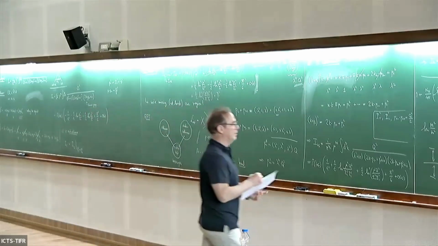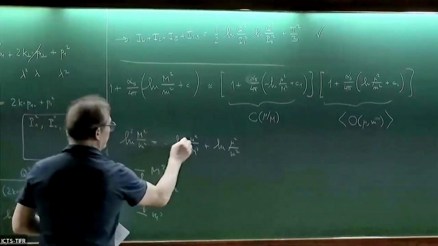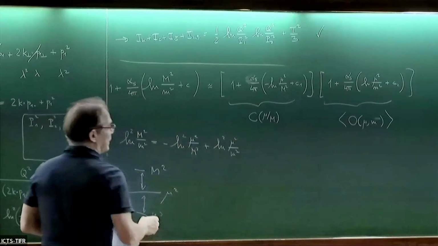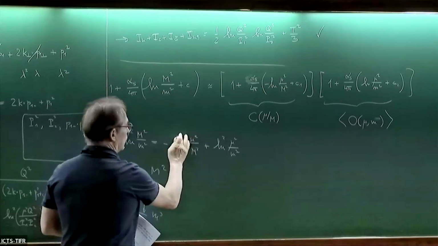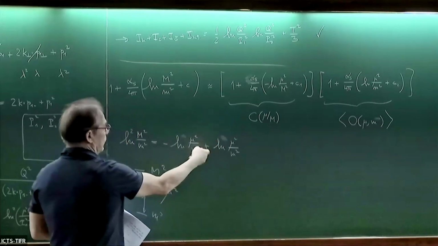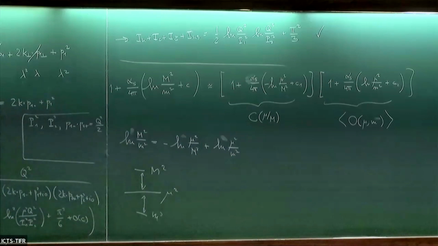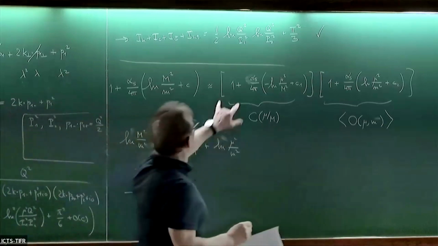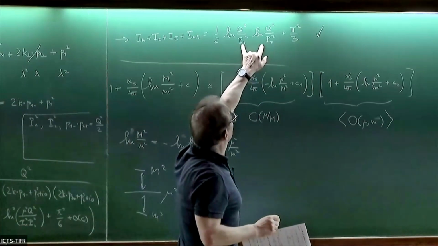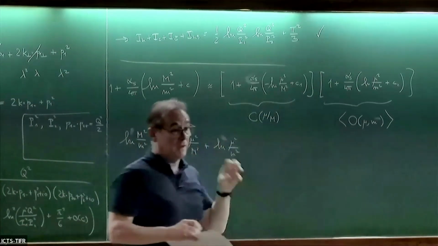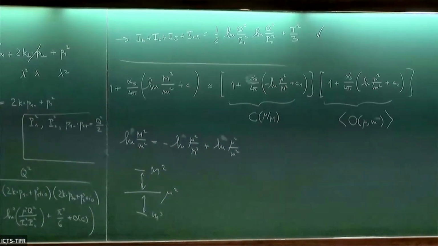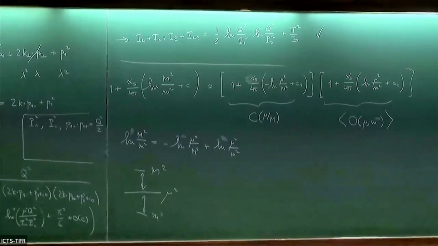I mean, obviously, squaring this would not work, but it also wouldn't work if you allow for single log powers of these ratios. So basically, if you want to factorize a double log, and that's exactly what we do here, we have a double log and we want to factorize it, decompose it into a sum of logs depending on a single scale only, we need three scales. We need this scale and this scale and this scale, but also we need this ultra soft scale.